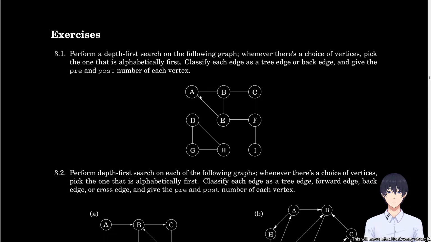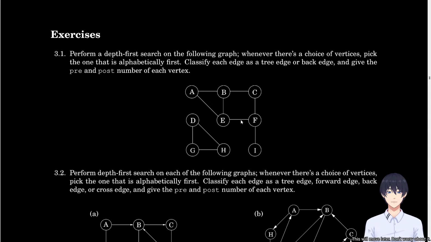So look at A, look at B, look at C, look at F, look at E. You've already been here. Now we've got some back edges to A and B. Go back to F. I think there's a back edge E to F.